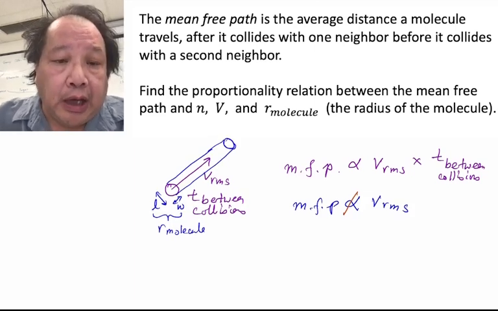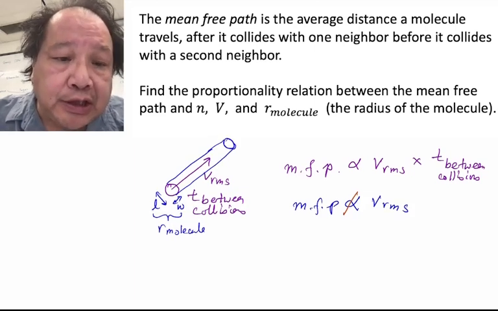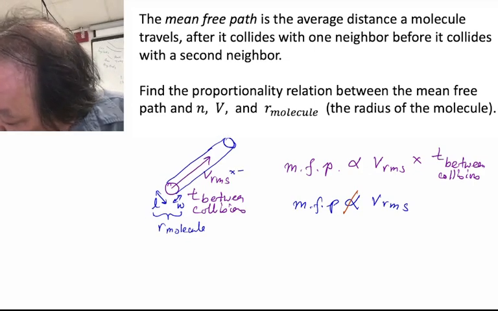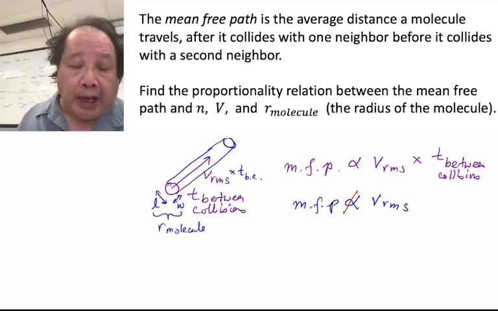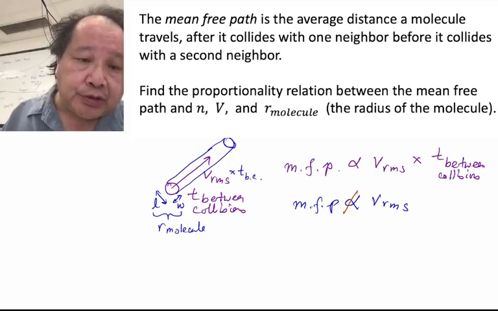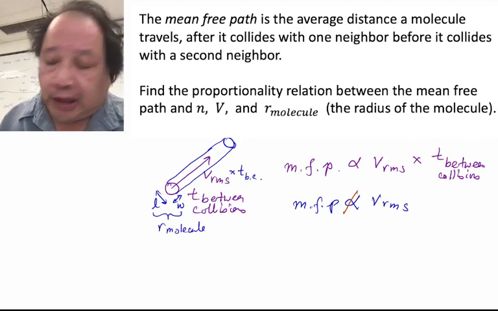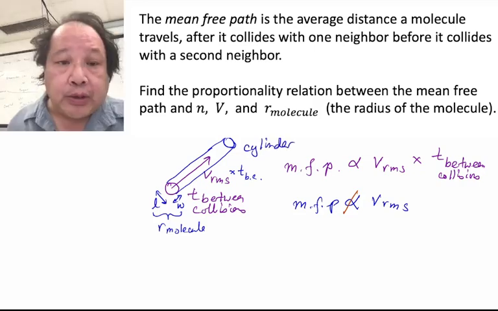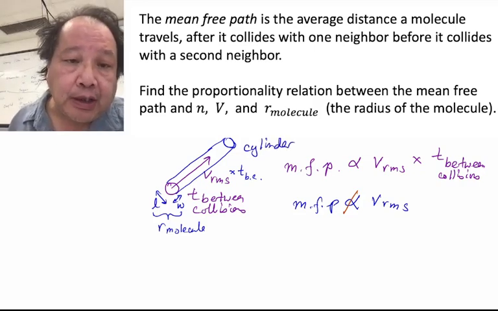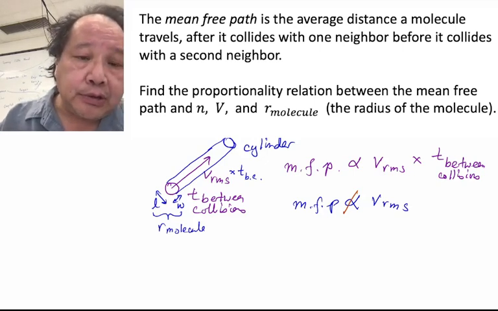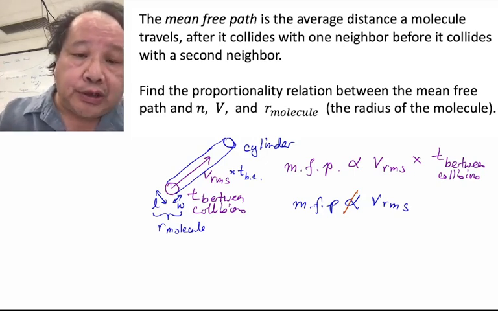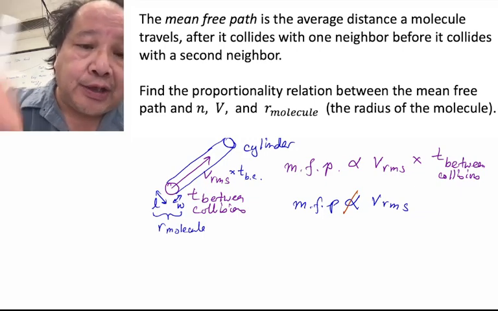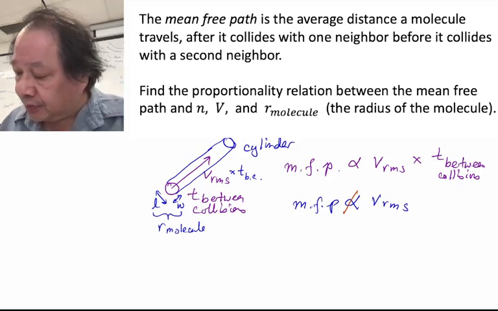Anytime a gas molecule is inside that cylinder, traced out by v RMS times t between collisions, and whose radius is L or W, anytime another molecule enters this cylinder, it will collide. And so really the question we're asking is, what is the relationship between another gas molecule entering that cylinder that I've just drawn?